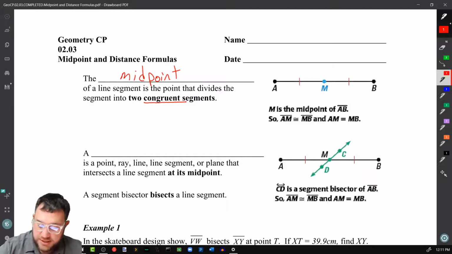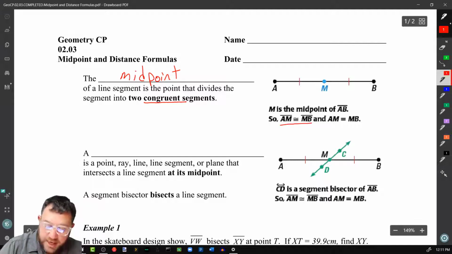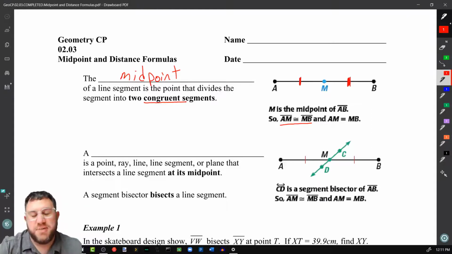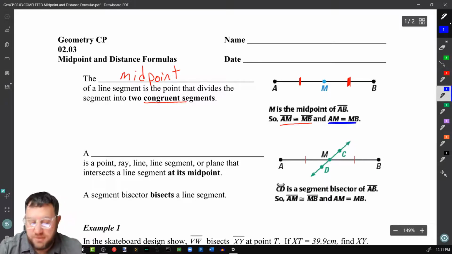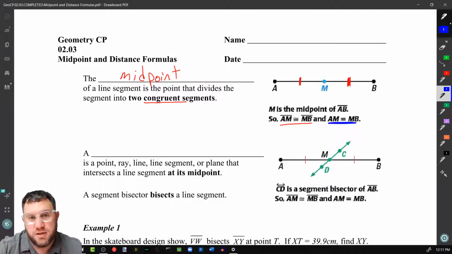So if you look at this segment AB over here on the right, M is the midpoint, so AM is congruent to MB. So segment AM and segment MB are congruent pieces. That means they're identical, because we know that their lengths are equal.